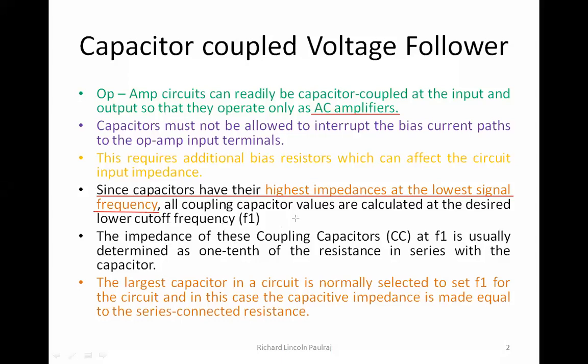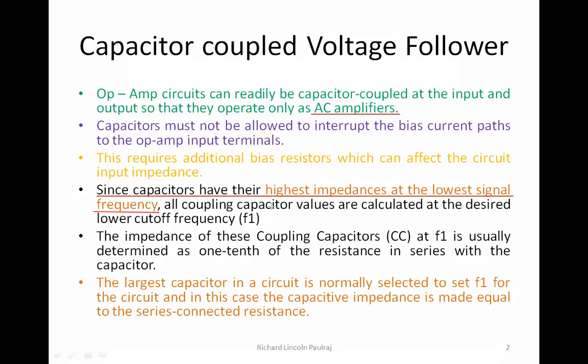All coupling capacitor values are calculated at the desired lower cutoff frequency. When you talk about a bandwidth, you have a higher level of frequency and a lower level of frequency. When you subtract them, you get a range of frequencies, which is nothing but your bandwidth, the range of frequencies in which it can operate.